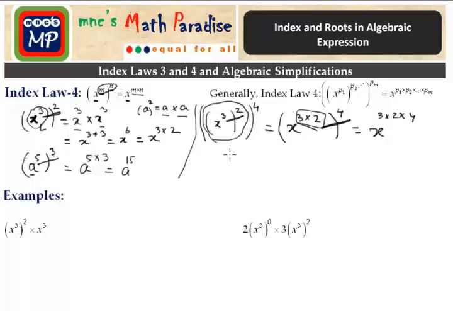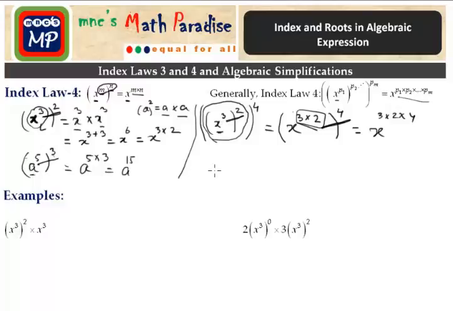So if we have a base x and there are several powers on top, that means x to the power p1, then the whole thing to the power p2, then the whole thing to the power p3, in this way, the base will remain as it is and all the powers will be multiplied together.